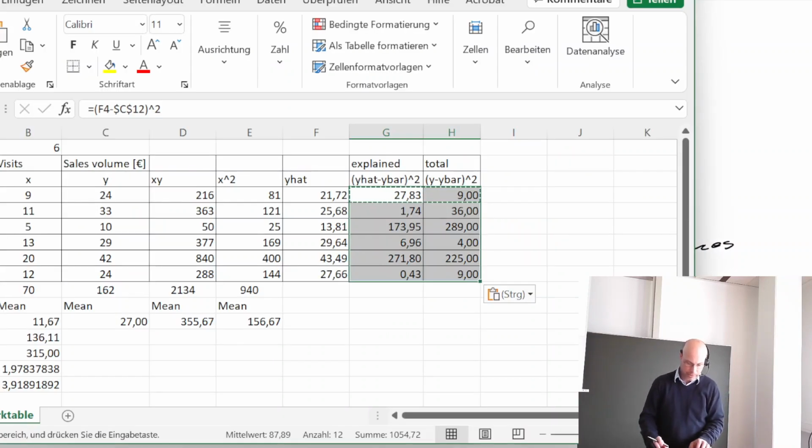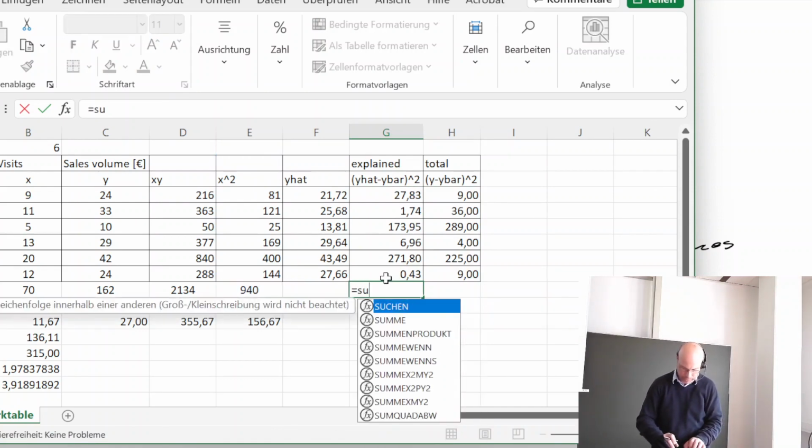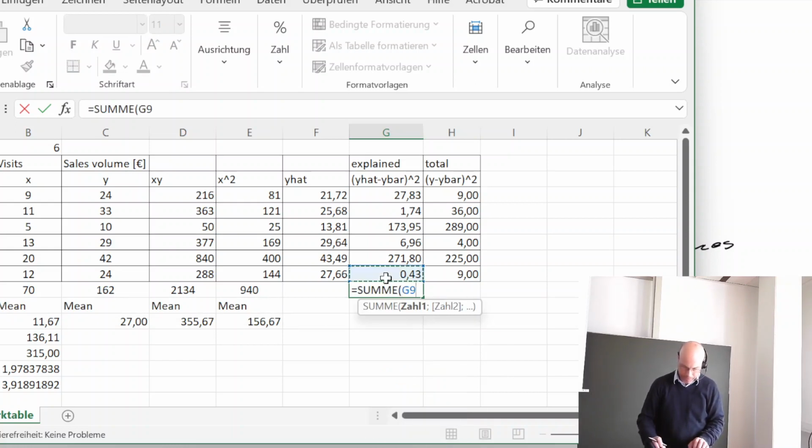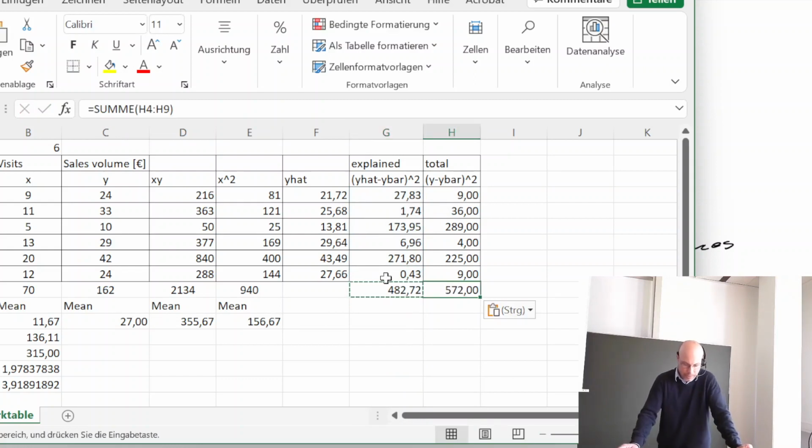So what we need is the sum of all these numbers and these numbers here.